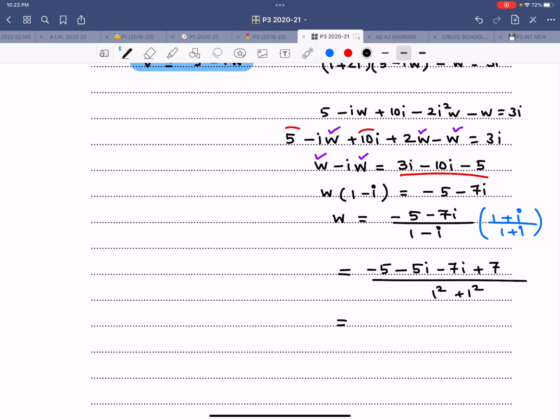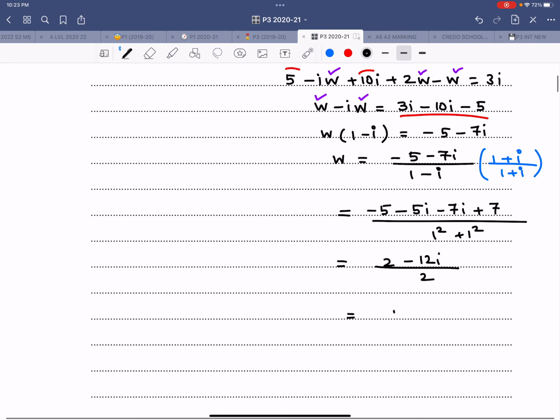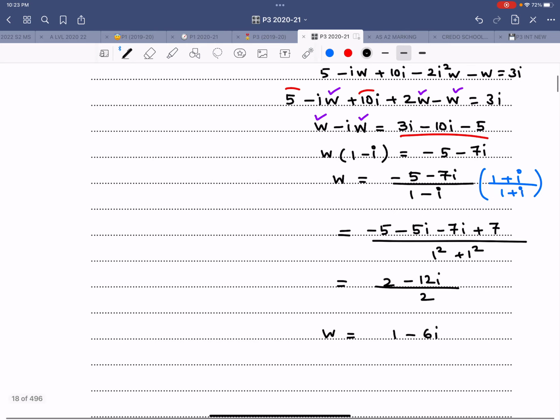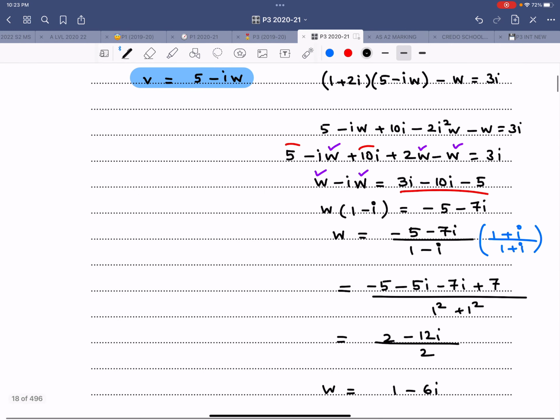So 7 minus 5 is 2, minus 12i divided by 2, that is 1 minus 6i, that is w, after so much of calculation. Once you get w, now evaluate v.